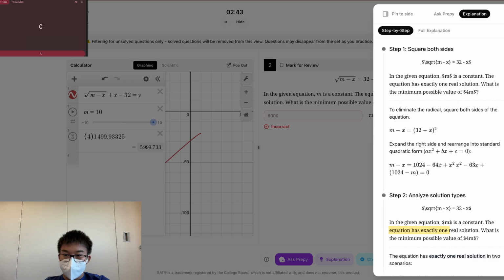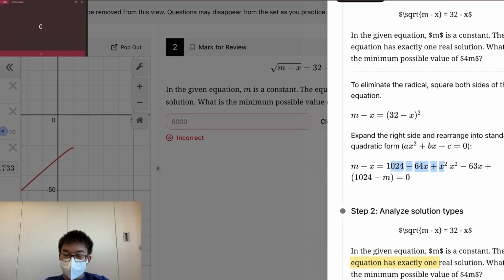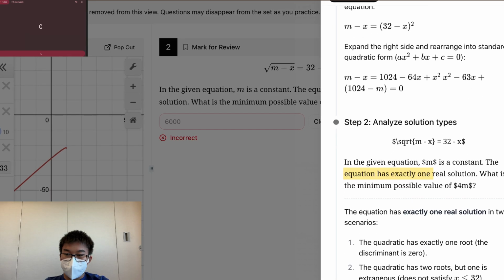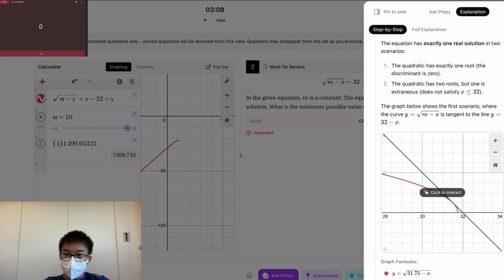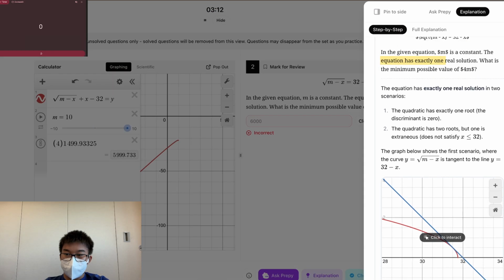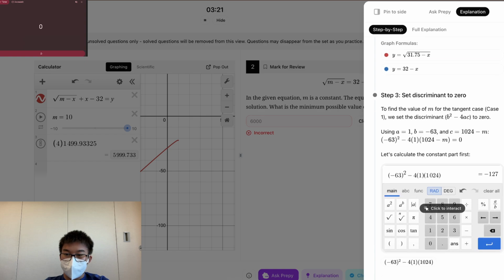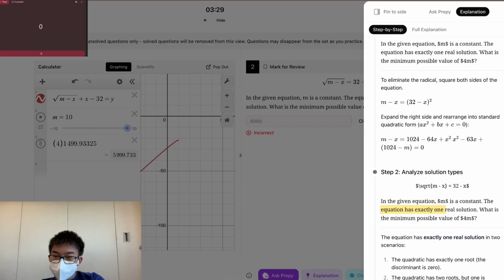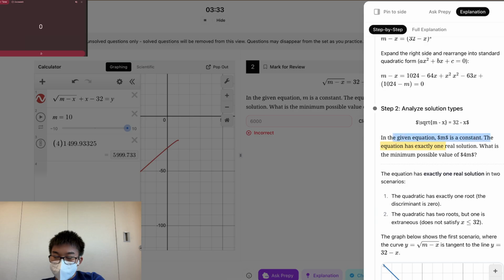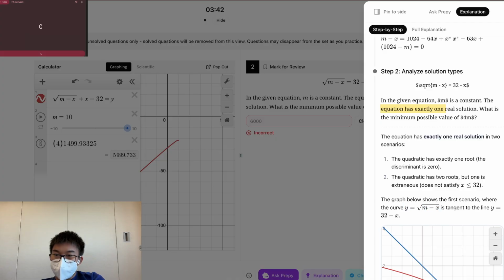So, oh, you isolate m. Oh shoot. Oh, okay.